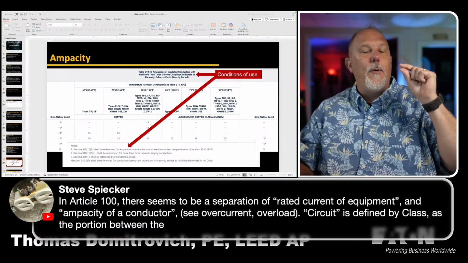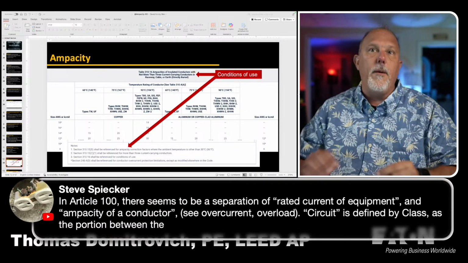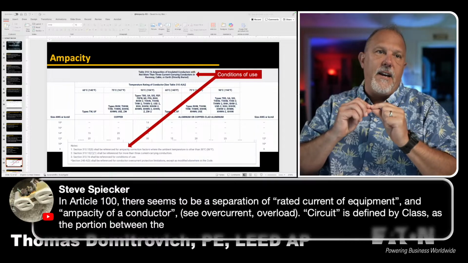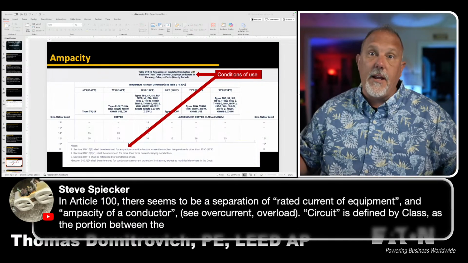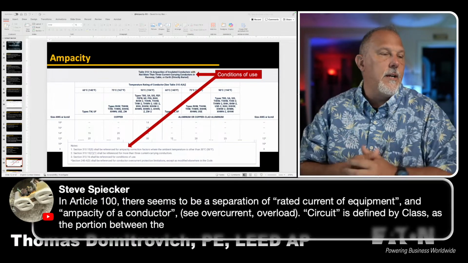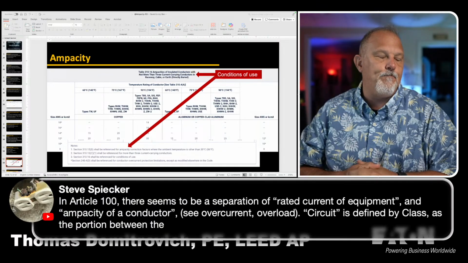And so what I would consider a rated current of equipment would be like if I have a panel board that can handle 100 amps, I can't exceed 100 amps. A circuit breaker has a rated current, the rating. Any current in excess of rated current of equipment.